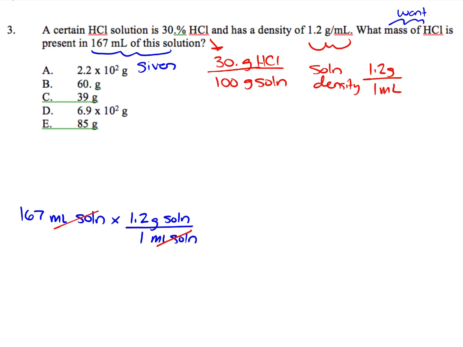So using this percent conversion, we can convert to the grams of HCl. We cross out grams of solution, and we're left with grams of HCl. So you multiply that out.